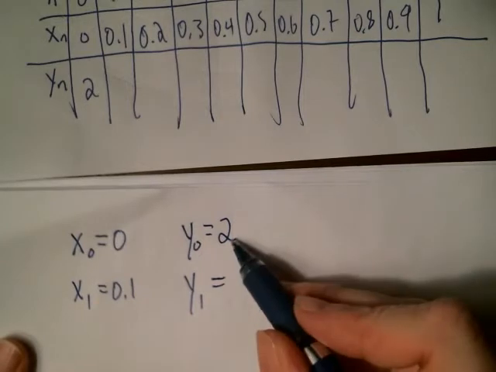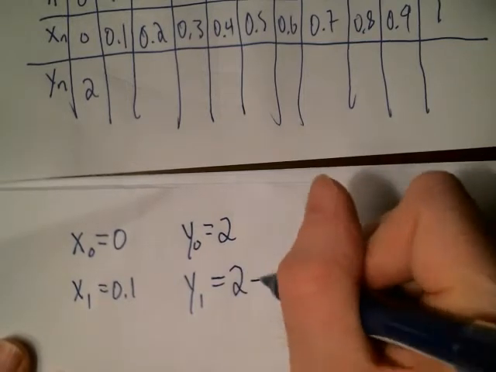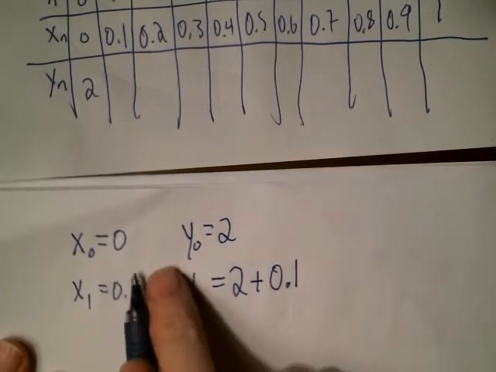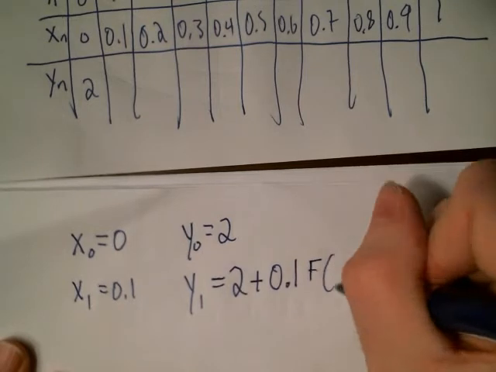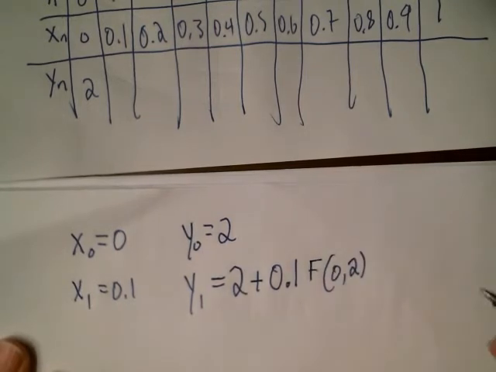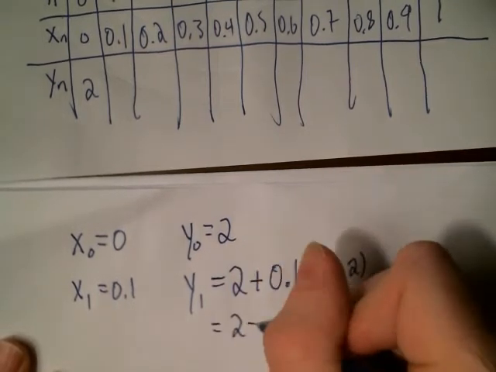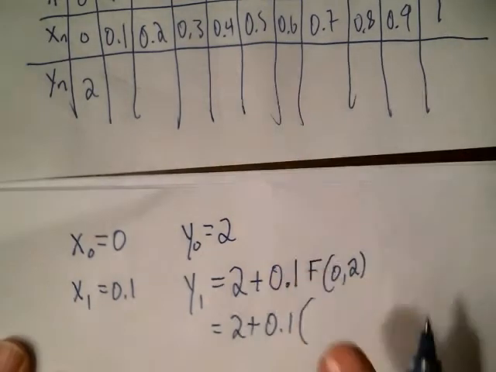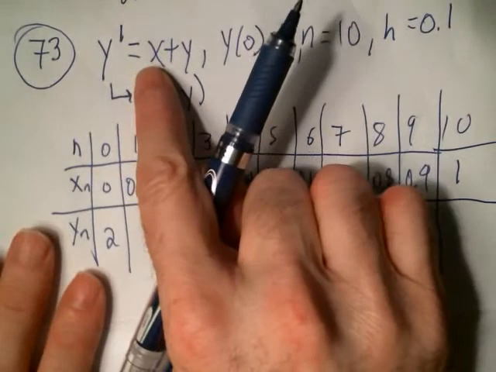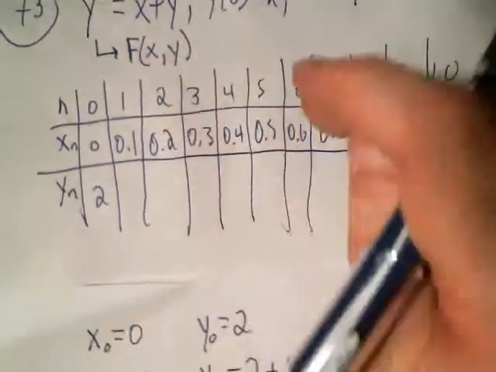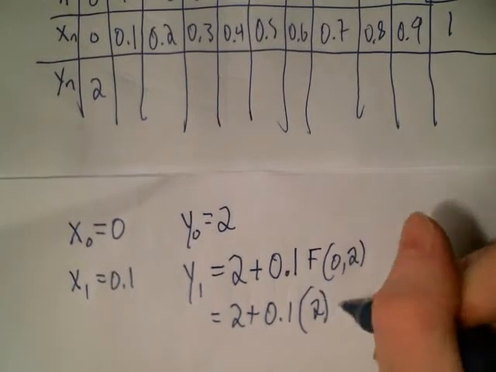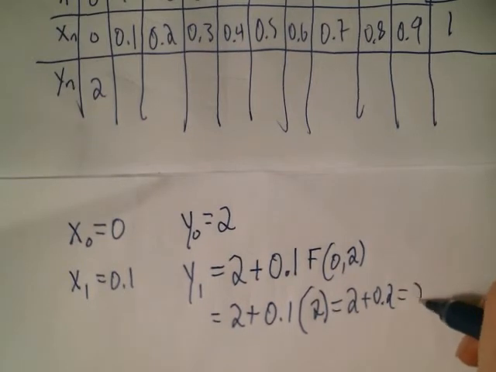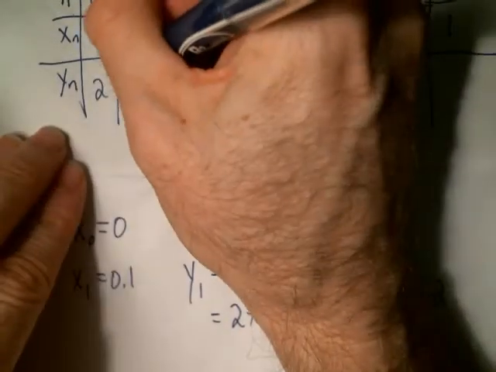So you use the previous value, 2, plus h, which is 0.1, times f of 0, 2. So I'm plugging 0 and 2 into my formula. So it would be 0 plus 2 is 2. And then 2 plus 0.2 is 2.2, and that'll be my first value.